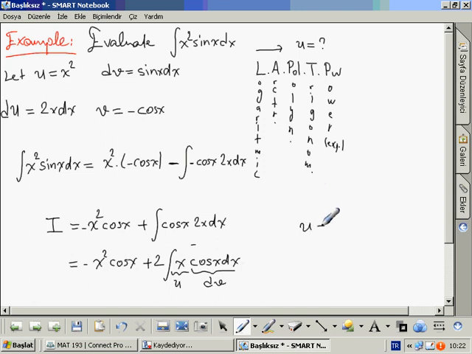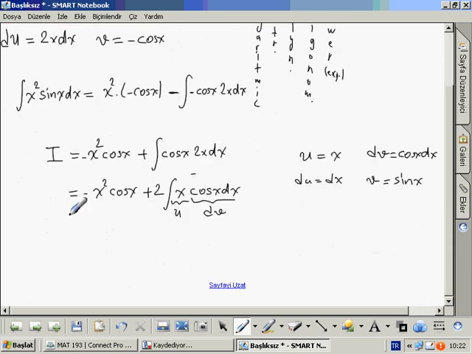After that, if u equals x, we know that du will be dx. If dv equals cosine x dx, so v equals sin x, and the integral equals minus x squared cosine x plus 2 times u times v, that is x times sin x, minus integral v times, which is sin x, and du, which is dx.